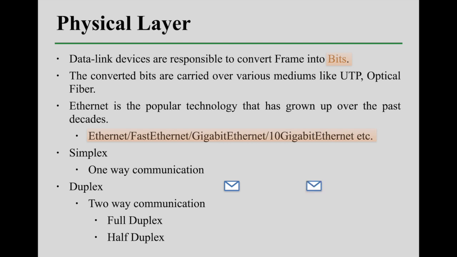If two devices are able to send and receive data at the same time, that is called full duplex. In half duplex, only one host can send or receive data at a time. For example, the networking device from the old days, called a hub, is a half-duplex device. Also, the wireless radio frequency channel is a half-duplex medium to exchange data.